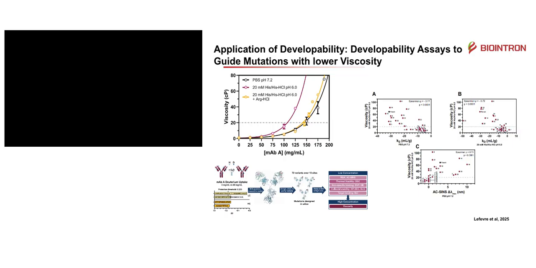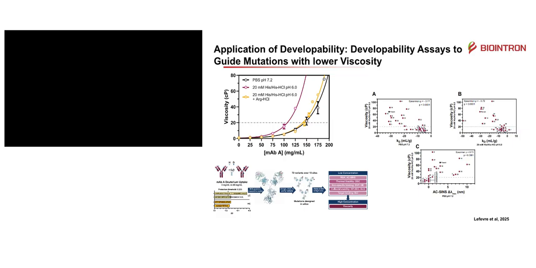And the important thing is that they ran a few assays. One is the AC-SINS assay to get a score of self-aggregation probability, because this assay will give you a score of self-aggregation at very low concentration.